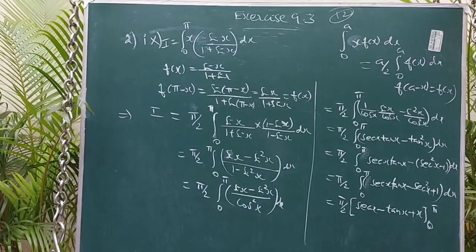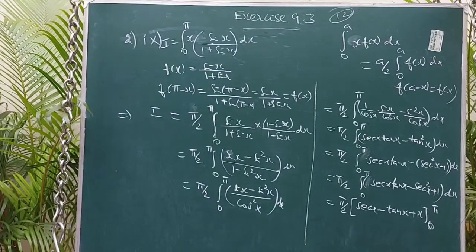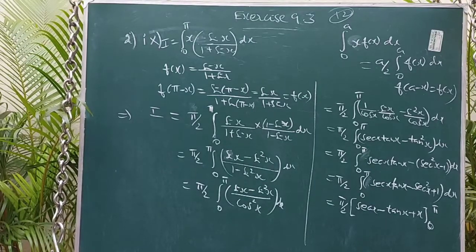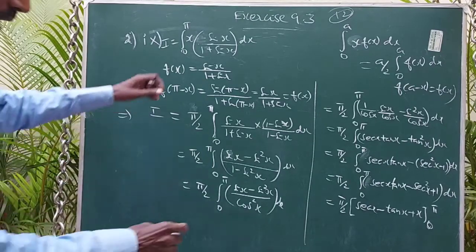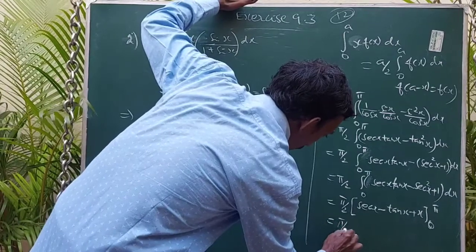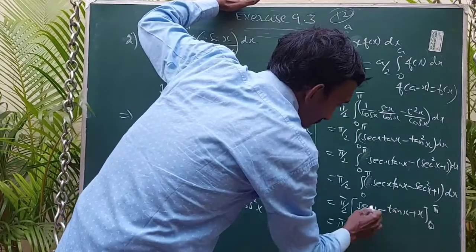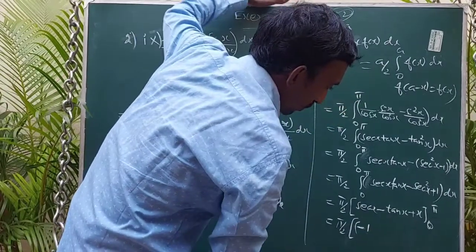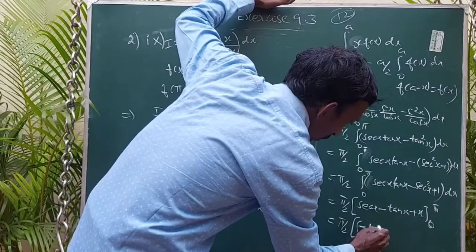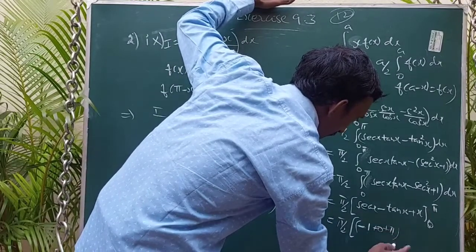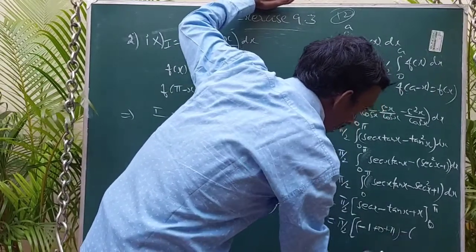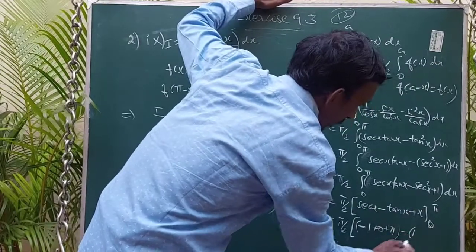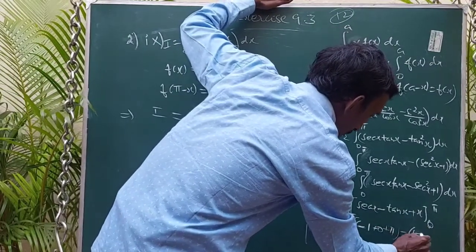If you put the upper limit, secant pi is minus 1 and tan pi is 0, and plus pi. Next we need to put the lower limit: secant 0 is 1, tan 0 is 0, so plus 0.